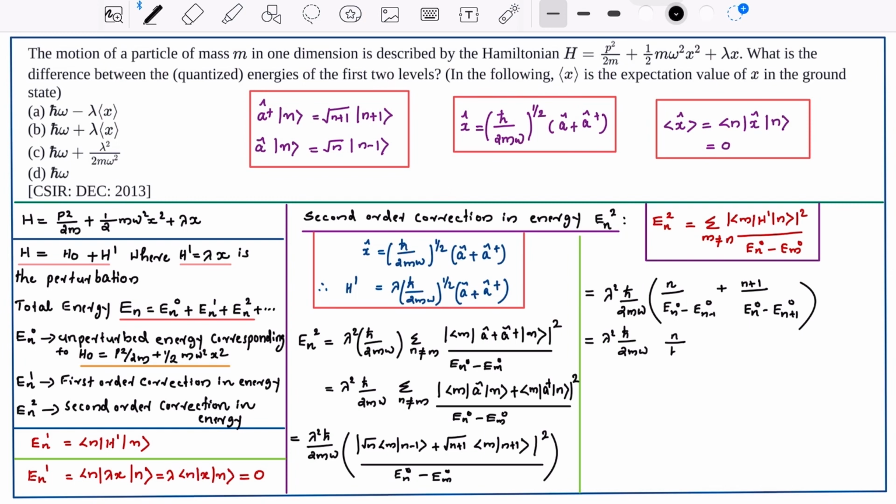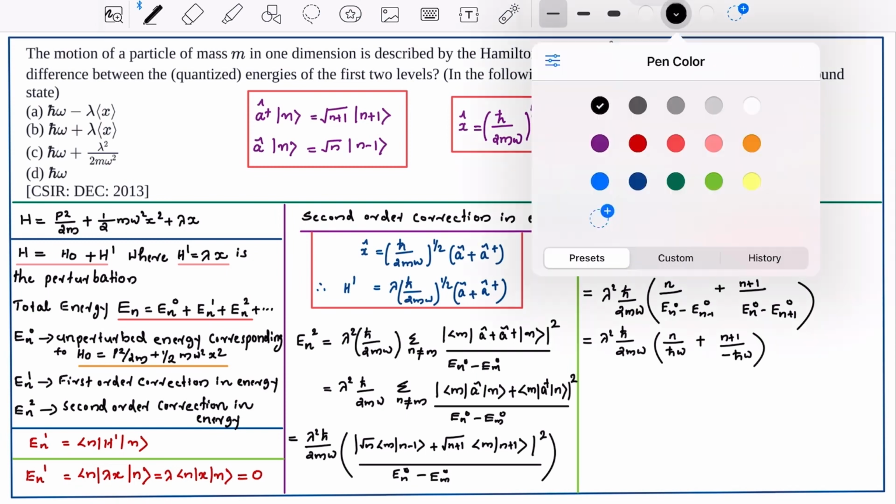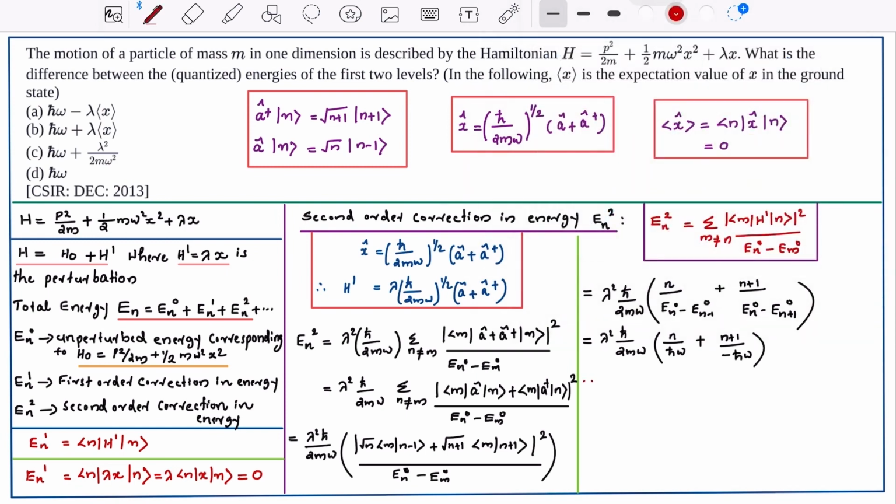Now this simplifies to lambda square h cross by 2m omega within bracket n by h cross omega plus n plus 1 by minus h cross omega. This is because En0 minus En minus 1 0 is h cross omega and En0 minus En plus 1 0 is minus h cross omega.